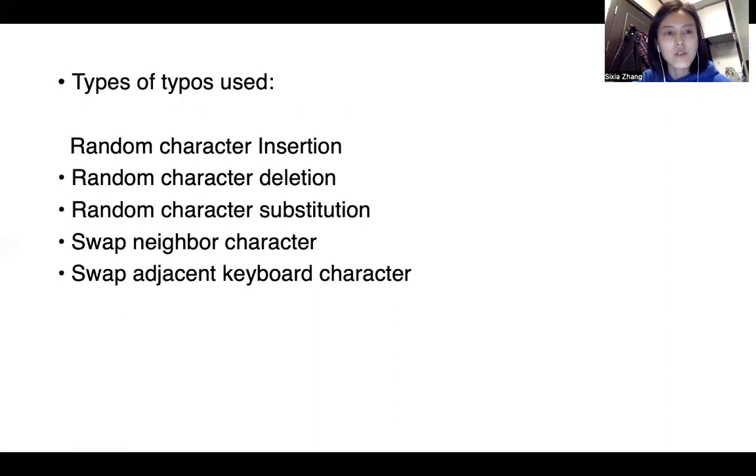There are five types of typos we used in the original pipelines. When we tokenize the queries, we randomly, with a 50-50% chance, insert these typos into the queries, in order to train them to be typo-aware dense retrievers.